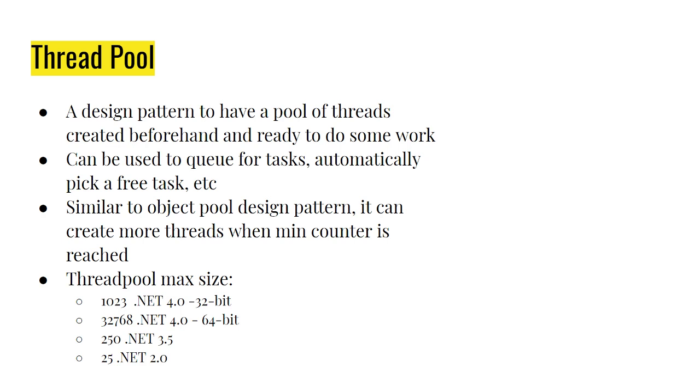But when we create a new task and we run it, it is being run on a thread pool. We will soon learn what a task is. So a task is running on a thread pool. It means that we are not creating new threads by creating new tasks. We're simply using threads that already exist to run the tasks that we need.